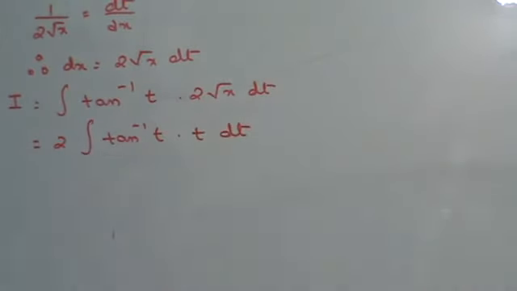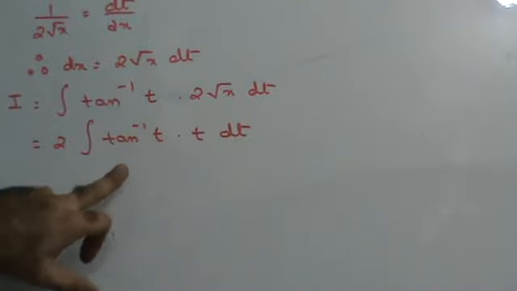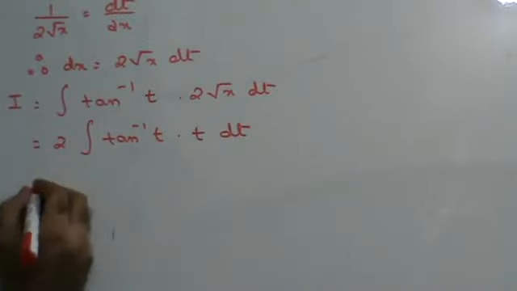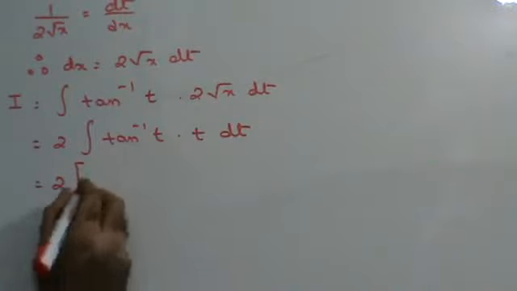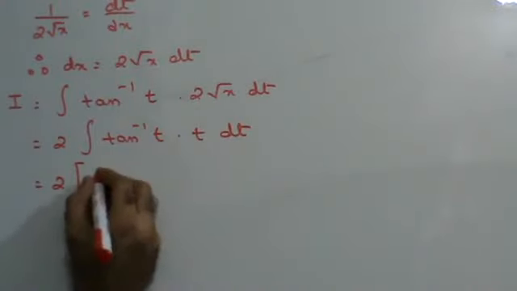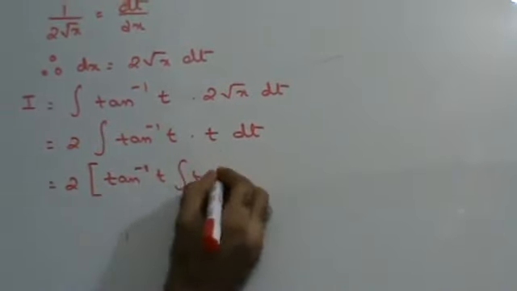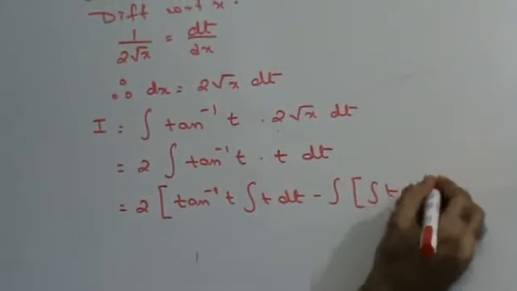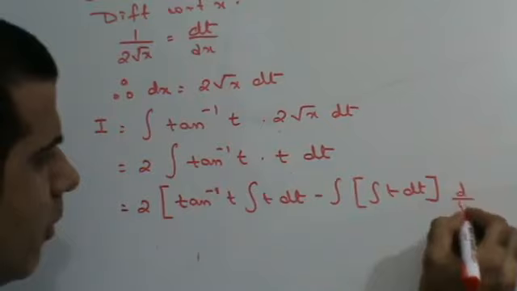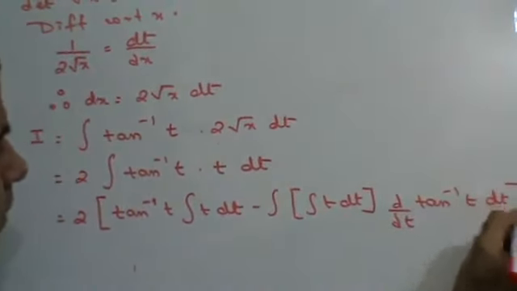Use parts: inverse, algebraic. Inverse comes before algebraic. So this is 2. So this will be u, this will be v, right? So u times the integral of v minus the integral of the integral of v times the derivative of u dt.